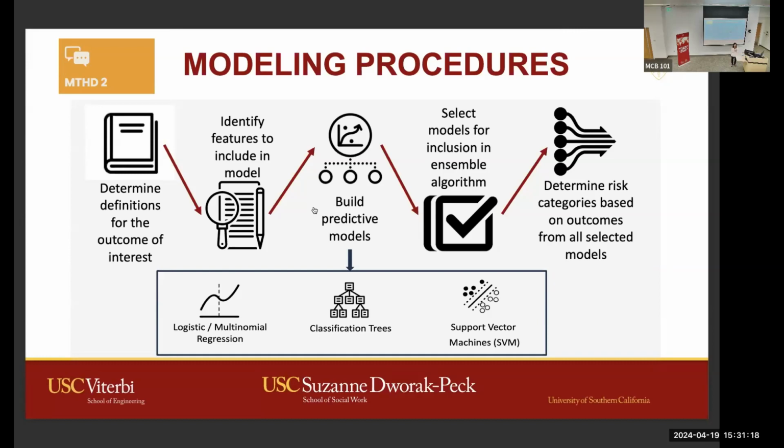Different approaches are used, including regression-based, machine learning algorithms, classification tree, and support vector machine (SVM) methods. All these methods were analyzed and compared for their predictability of the outcomes. The fourth step is to select models for inclusion, which ones work well, and can provide information for us to get to the fifth step, identifying people at their risk level.